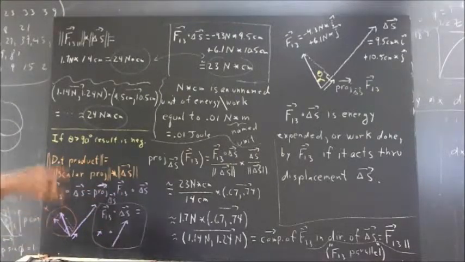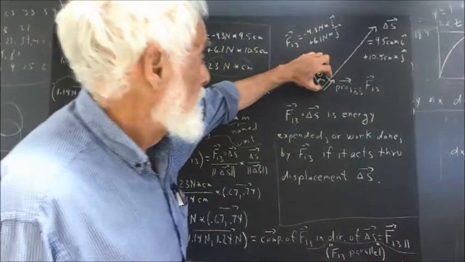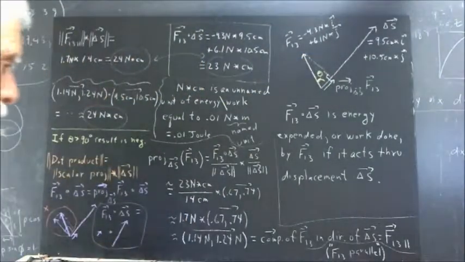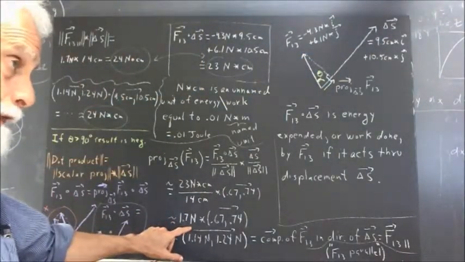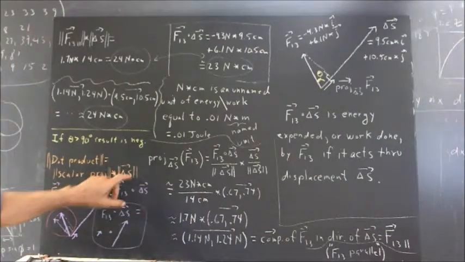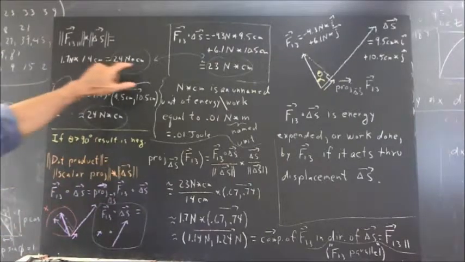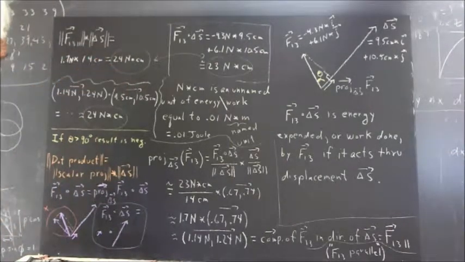Also, the magnitude of our dot product is equal to the magnitude of our scalar projection, which is just how long this is, basically our 1.7 newtons, the magnitude of our projection vector, times the magnitude of our delta S, which is our 14 centimeters, and that's the calculation that we did up here.